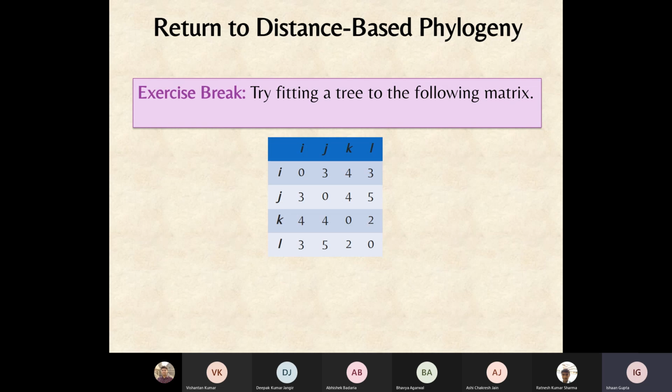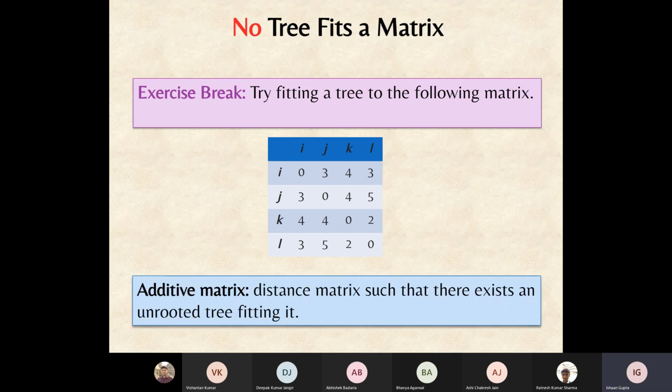But the issue here is that if you connect two nodes, then it affects the distances between all the other nodes. If i, j, k, l are four nodes, and you connect k and l because of the shortest distance, that's going to affect all the other nodes as well. So for a distance matrix, we first have to define whether you can actually fit a tree to the matrix.